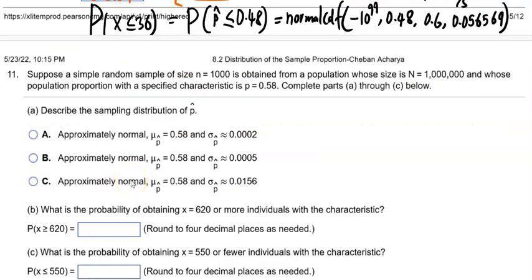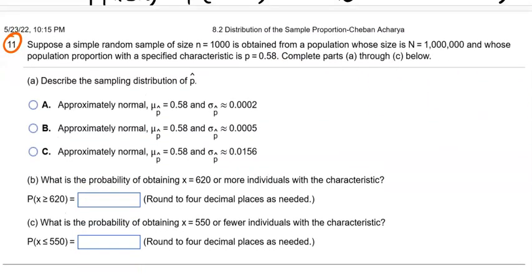Okay, question number 11. This is similar to question number 10, but I will skip how to check the criteria because we already did it. So here n equals 1000, and uppercase N equals 1 million. By checking those two criteria, you see that the sampling distribution of the sample proportion is approximately normal.